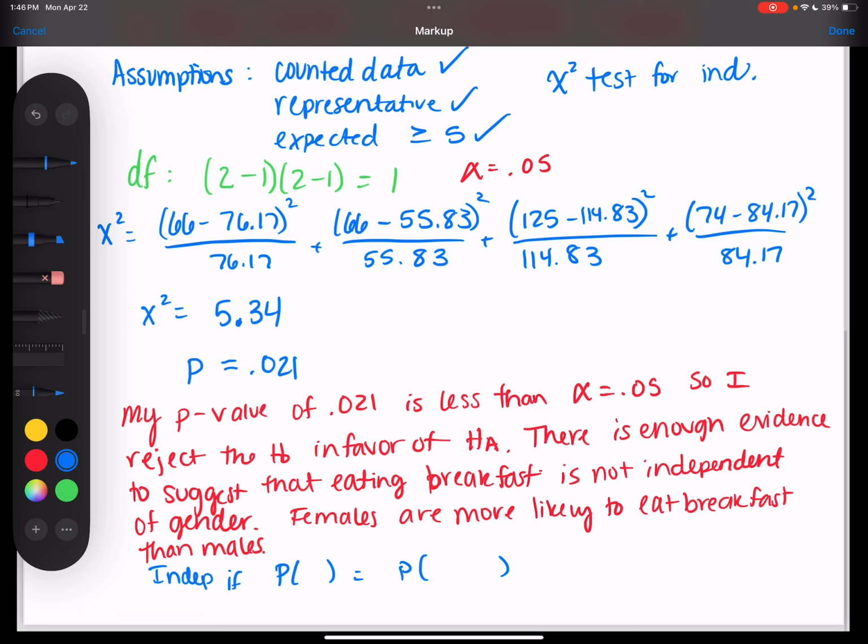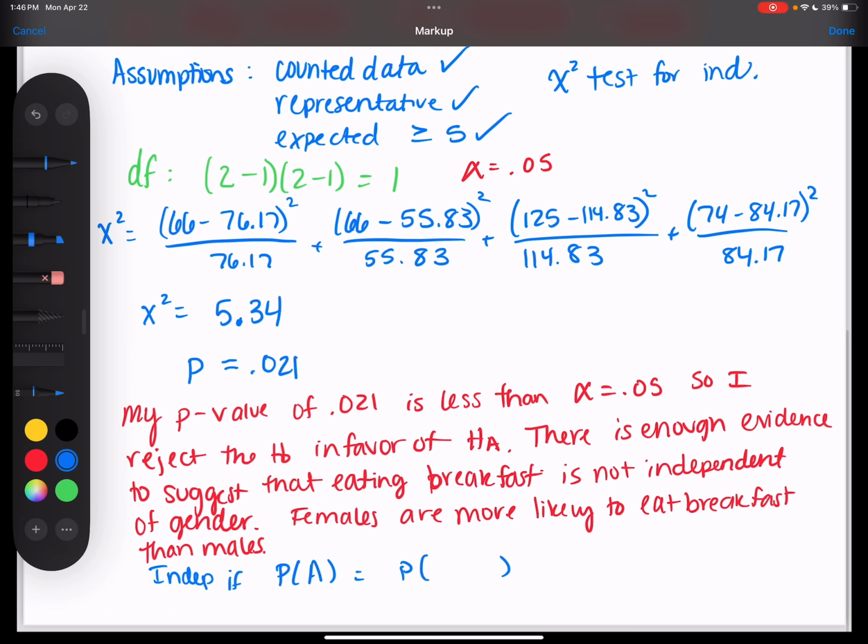B given A, A given B. Wow, you have good memory. So this would be something like the probability of eating breakfast is equal to the probability of eating breakfast given female.